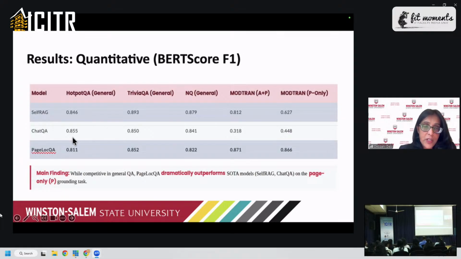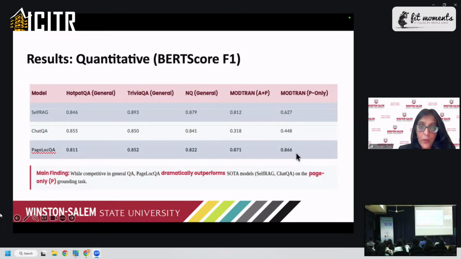So as you can see, the BART score tells us that the PageLog QA is performing comparably with the other 2 models on those traditional FAQ systems or databases. But whenever we particularly do the very complex technical documentation, as I mentioned, the PageLog QA outperforms those models by a significant margin.